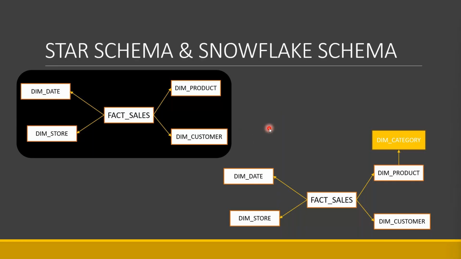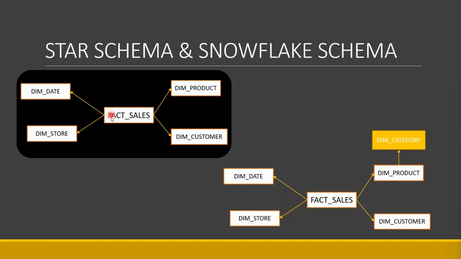When they decide to design a data warehouse, they have to decide how to distribute the tables and how to establish the relationship between the tables. To finalize that design decision, they have to go with either star schema or snowflake schema. In most projects, they will go with star schema.